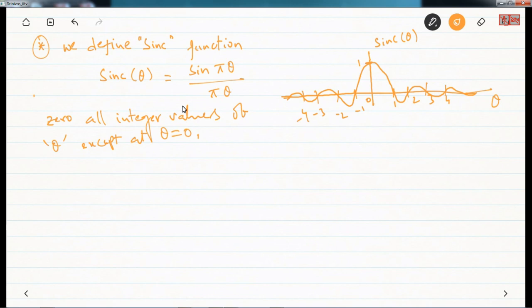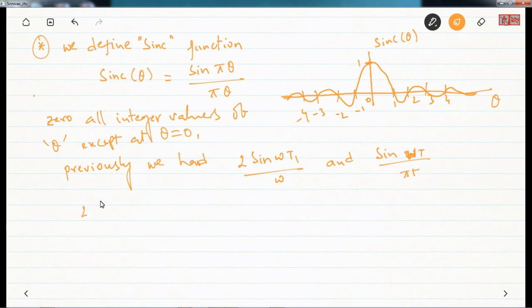So why did we define the sinc function? We wanted to express some of the previous signals as sinc functions. For example, previously we had signals such as 2 sin(omega t1) by omega, and 2 sin(W t) divided by pi t.